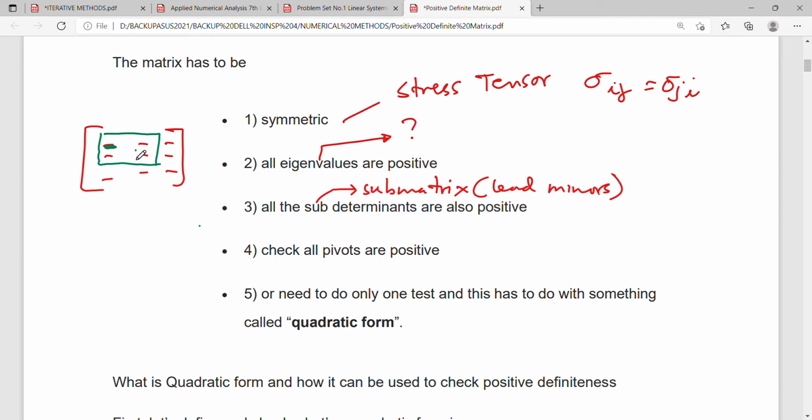This is also a leading minor. It has a diagonal on the upper left. Can you see the leading minors? This small scalar quantity can be considered a submatrix of the whole matrix, which has the leading minor on the upper left as the diagonal. So you get the determinant of each submatrix and check if it is a positive value in order to conclude whether it is a positive definite matrix.